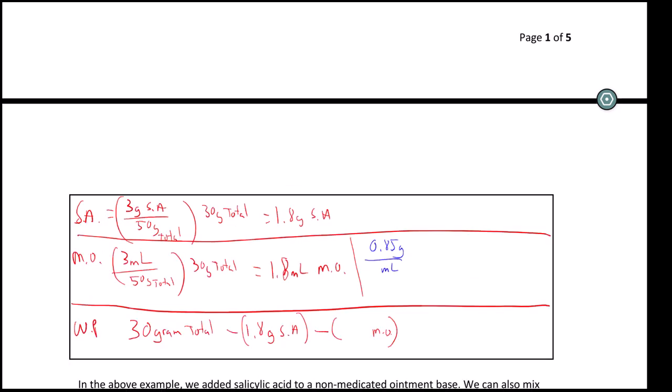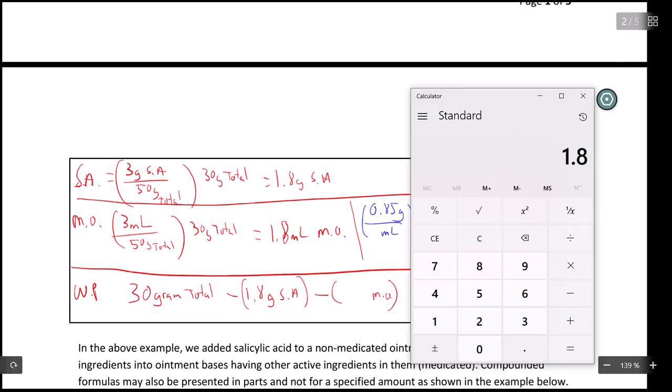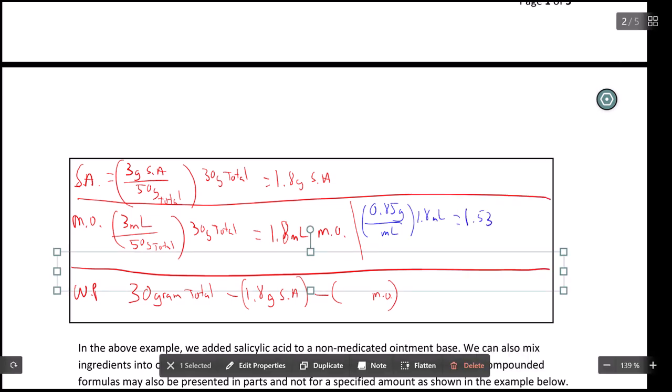If I have 1.8 mLs, how much does that weigh? Well, 0.85 times 1.8 is going to equal 1.53 grams. That's how much it equals.